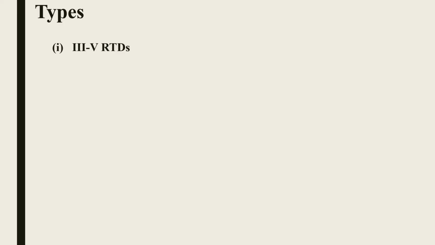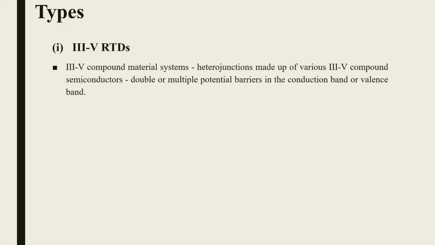There are three types of RTDs. The first type of RTD is a 3-5 RTD. The 3-5 compound material systems are heterojunctions made up of various 3-5 compound semiconductors which are used to create the double or multiple potential barriers in the conduction band or valence band.